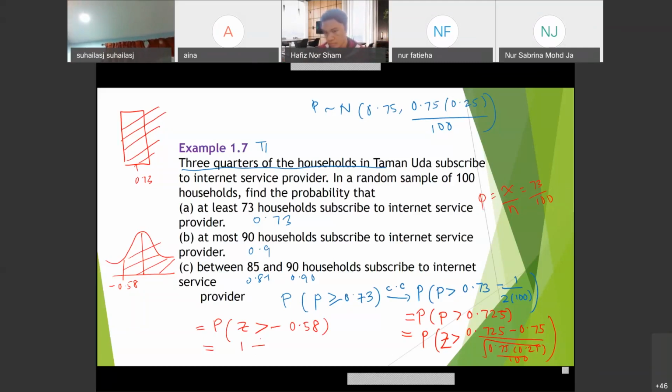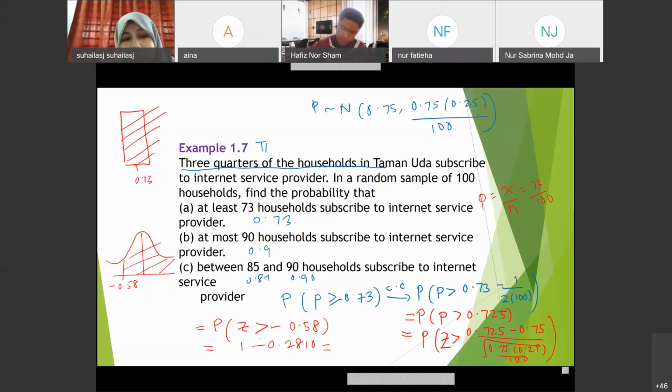You have 0.2810. Remember that in your stats table, what is given is Z greater than. So again, symmetry concept: Z less than minus 0.58 is 0.2810. So you want Z greater than minus 0.58, so we have 1 minus 0.2810. You give the answer to 4 or 3 decimal points, depends.